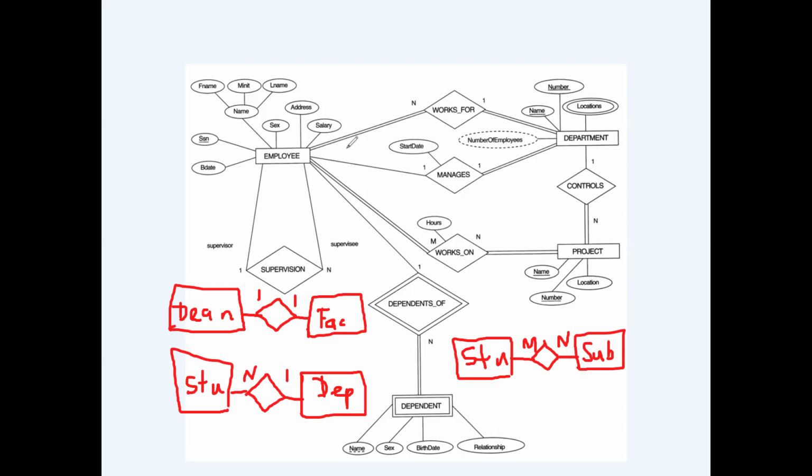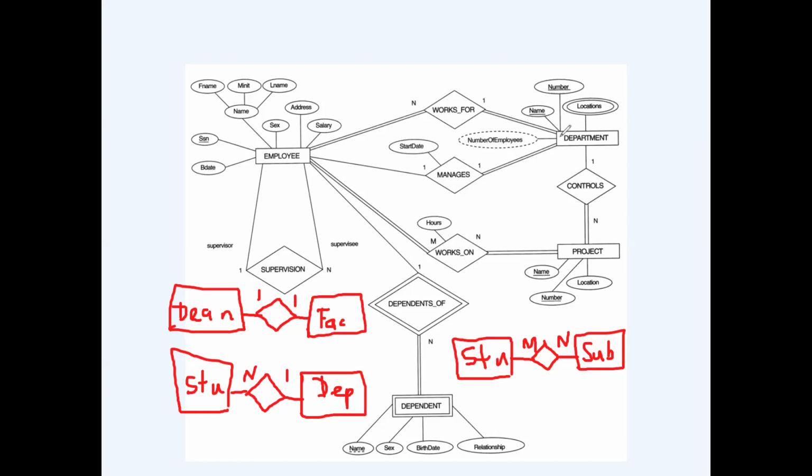You can see there are two lines in some connections, and one line in others. The double lines indicate total participation. Total participation means all the instances. That means all the employees work for a department, so with these double lines, all the employees should have a department.